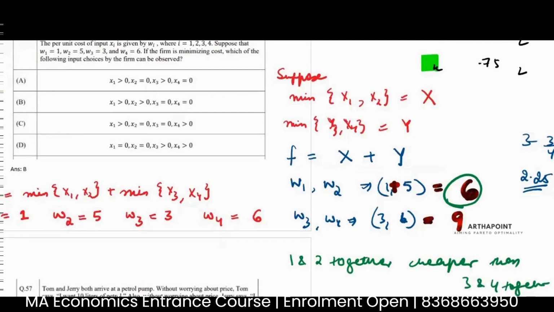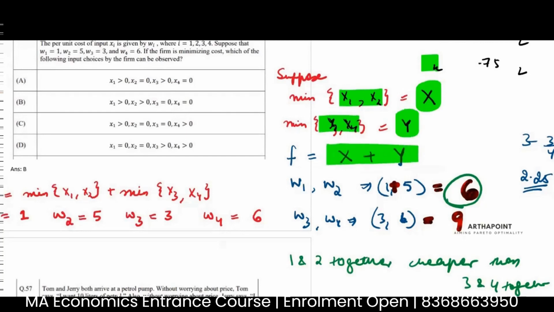And clearly it is because they are getting added. 1 and 2 together form x, 3 and 4 together form y, and here they are getting added. They are substitutes of each other. I will use the one which is cheaper. So I will use only x, because 1 and 2 together cost me 6 rupees and y costs me 9 rupees.